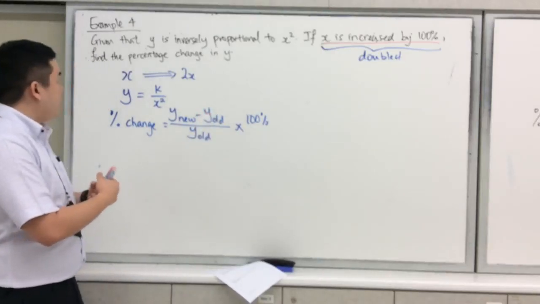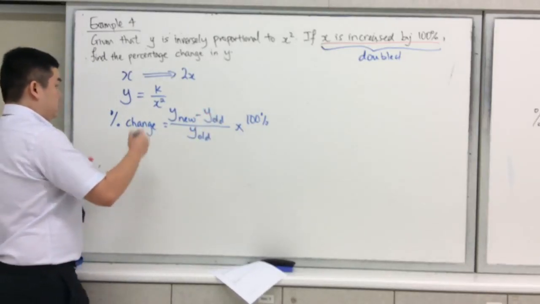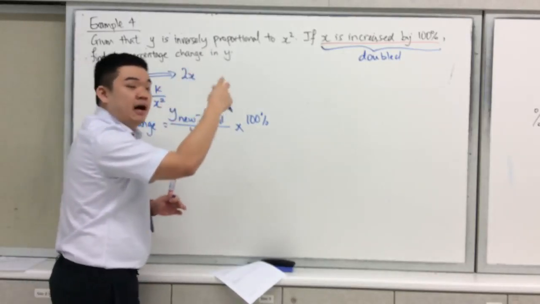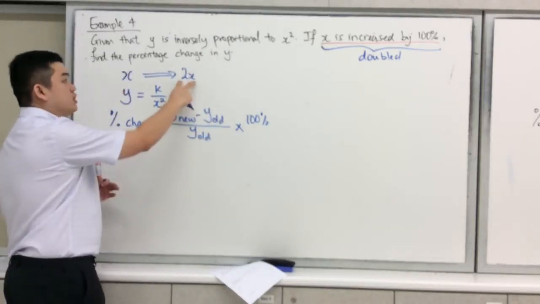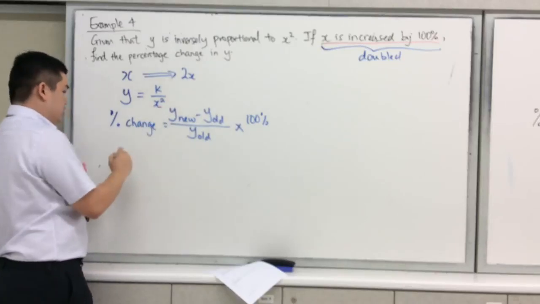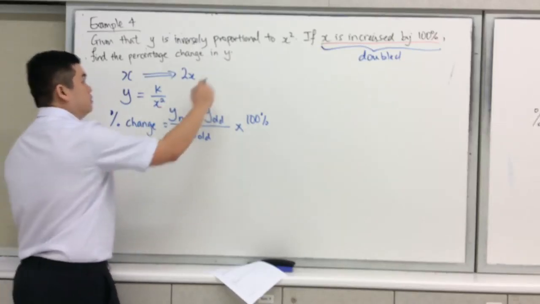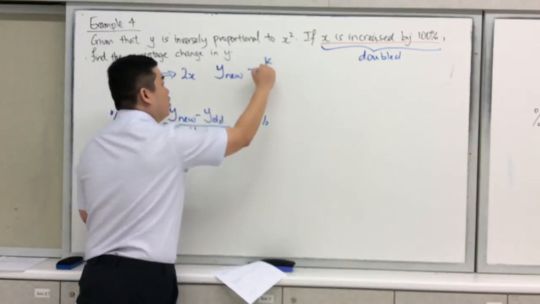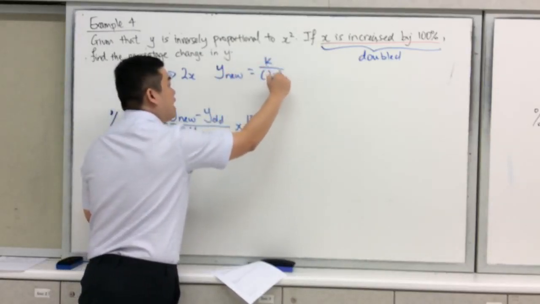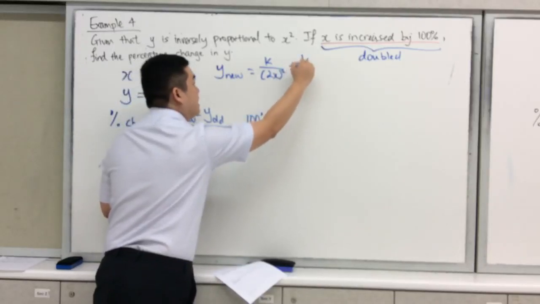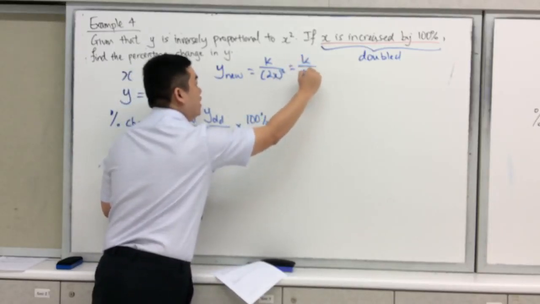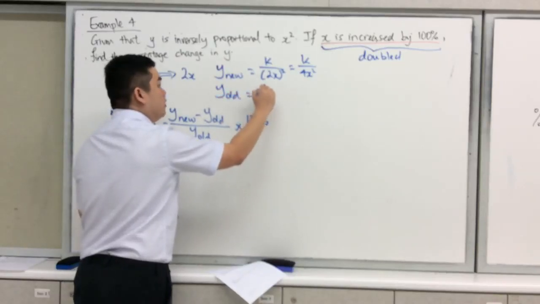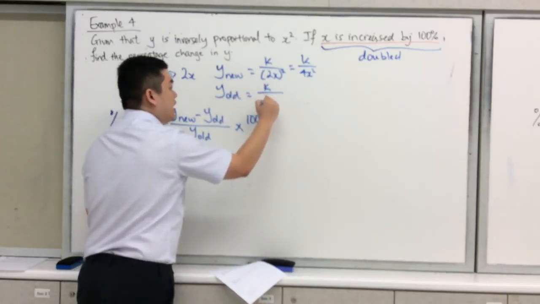Okay, so your y new is actually when your x is increased by 100%. So now we have to use the 2x in our formula. So our y new is actually k over bracket 2x squared, which we can say that is k over 4x squared. And our y original is our original formula, k over x squared.